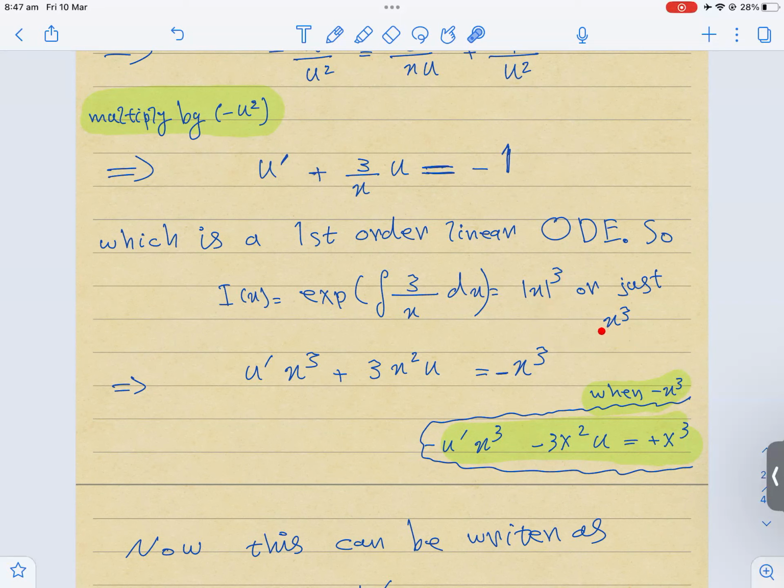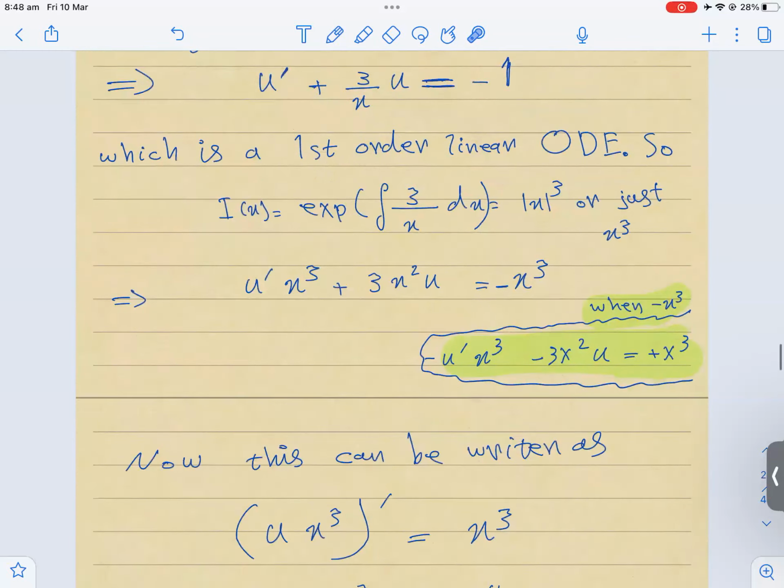So I can choose positive x cubed or minus x cubed, it's up to us. I will choose x cubed, so I multiply everything by x cubed, and then I will reach this. If you choose minus x cubed, you can reach this one. Both of them will work.